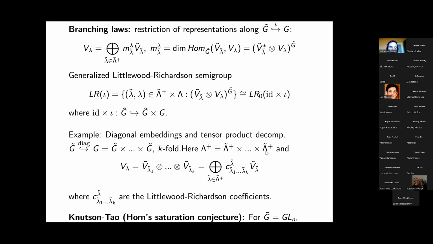Hermitian matrices, because the unitary group is a maximal compact subgroup of GLN here. And this can be interpreted in this fashion. And they say that the saturation coefficient is equal to 1 for the diagonal embedding of GLN.